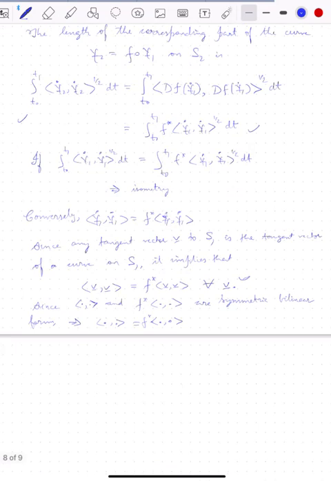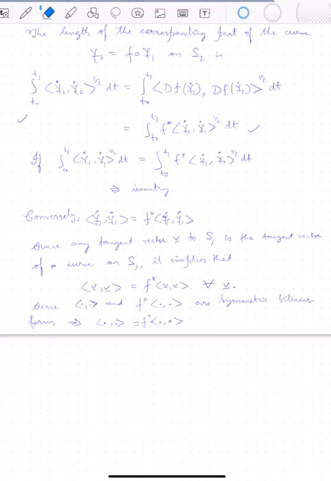we also found that any tangent vector v to S1 will always be a tangent vector of some curve on the surface S. Which means that for a generic tangent vector v, we'll have v comma v is equal to f star v comma v. And since they are also symmetric bilinear forms, we use the fact that this equality holds for all v.